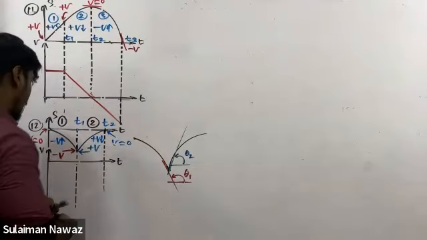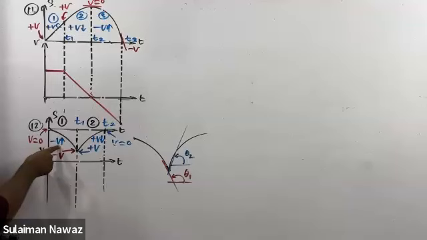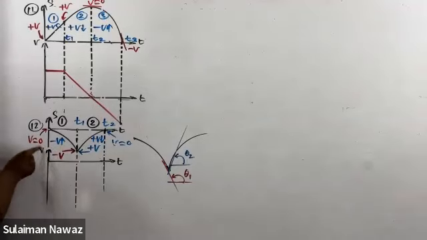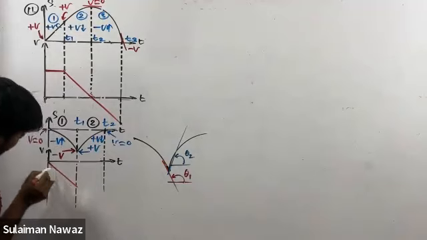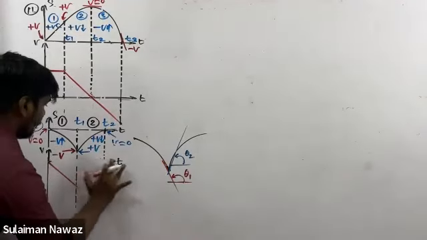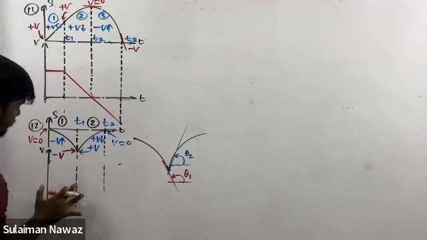Negative velocity increasing, positive velocity decreasing. Then if I complete the graph, negative velocity is increasing. Initially velocity is 0. We'll draw the graph in this way.